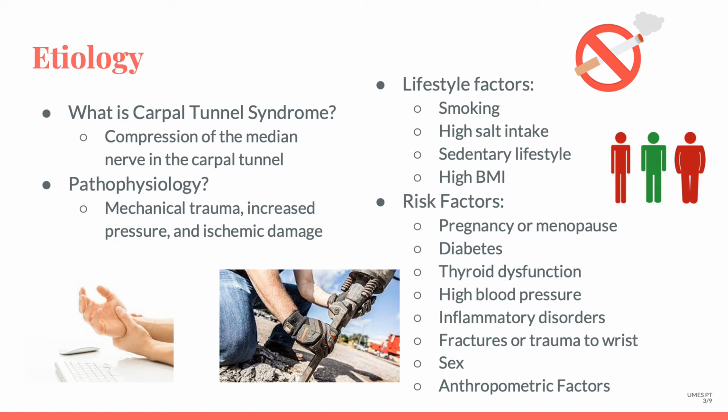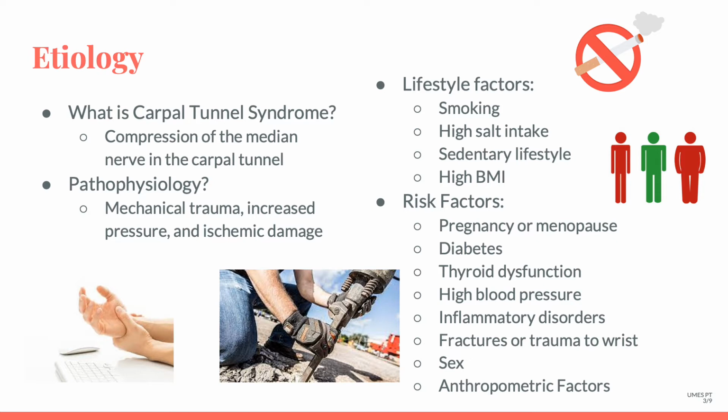The biggest predisposing factors are sex, age, genetics, and anthropometric factors, and that being the size of the carpal tunnel. So people do think about manual workers as developing carpal tunnel, and there definitely is a connection, but it's not the only factor.